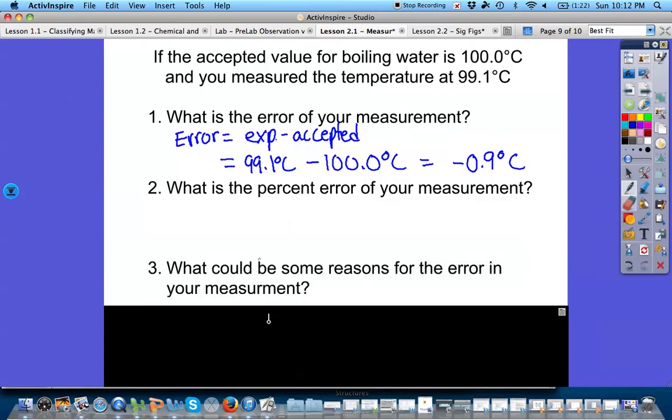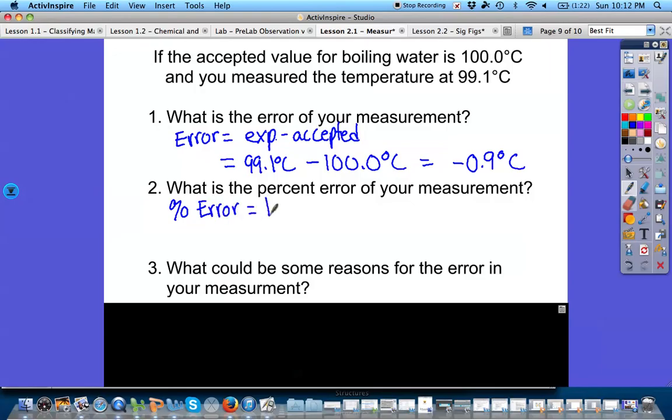So then when we do percent error, we have the absolute value of the experimental minus the accepted divided by the accepted times 100.